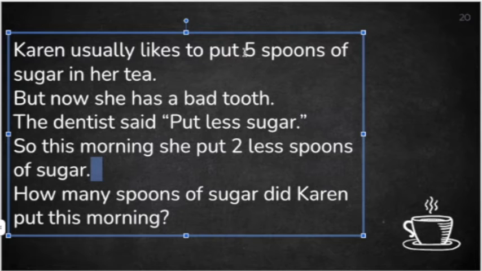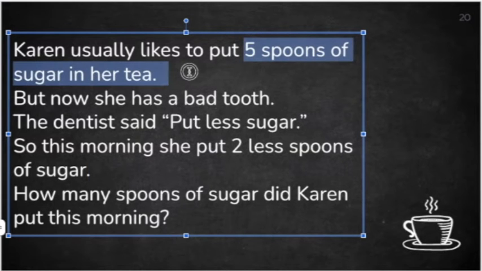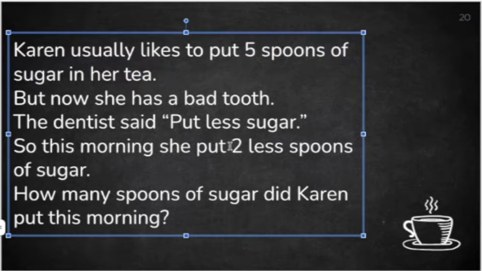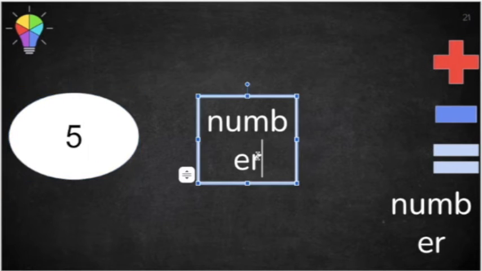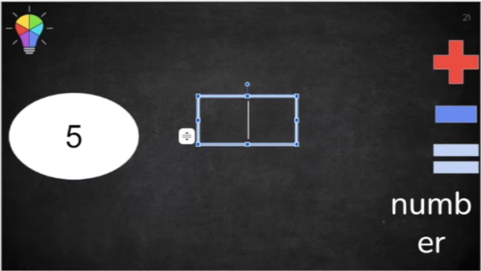So Karen puts 5 spoons of sugar in her tea. Then the dentist says, put 2 less, right? 2 less spoons of sugar. How many spoons of sugar did Karen put this morning? Alright, so how many spoons of sugar does she put usually? Usually she puts 5. Then the doctor said to put 2 less.